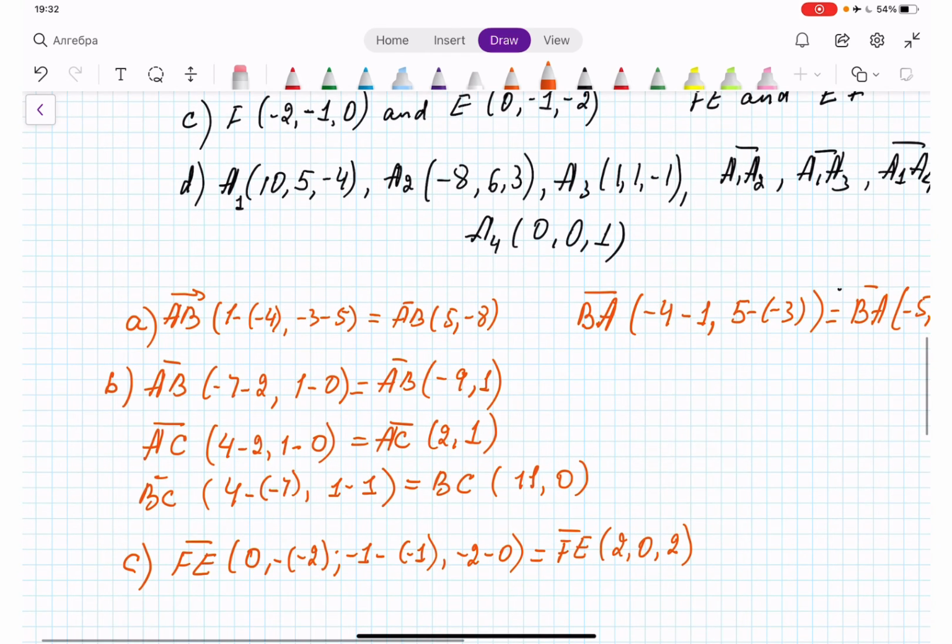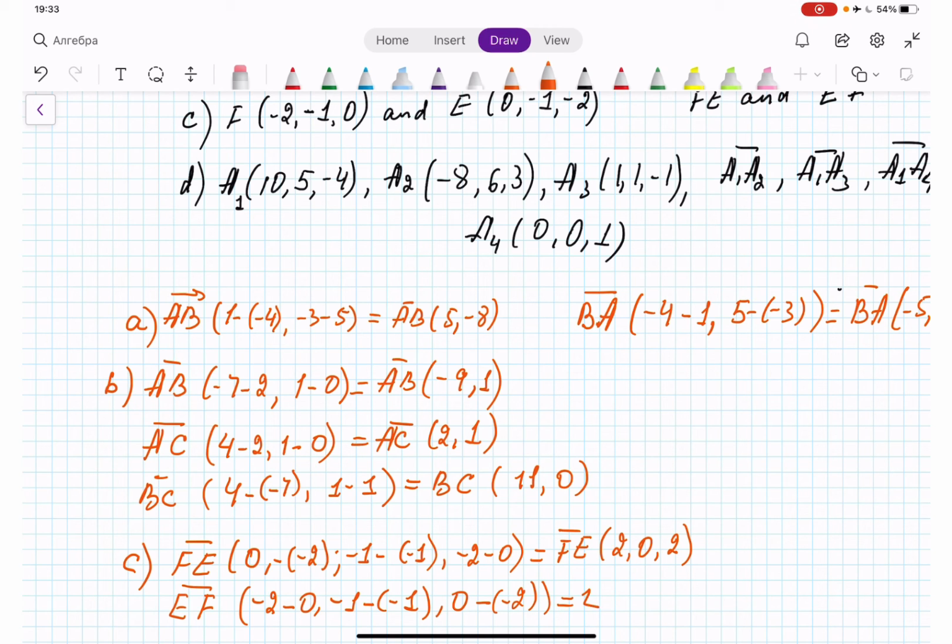Okay. Next we are doing EF. This is now the coordinates of F minus the coordinates of E, right? Negative 2 minus 0, negative 1 minus negative 1, and 0 minus negative 2.